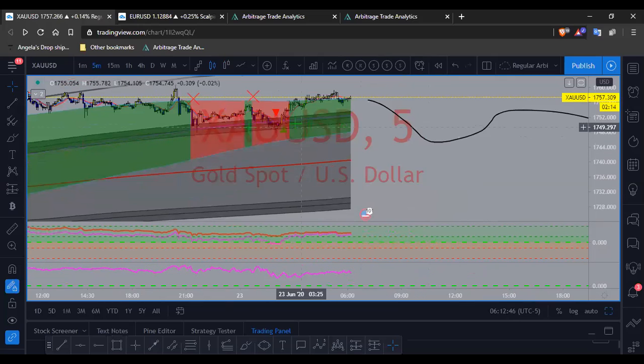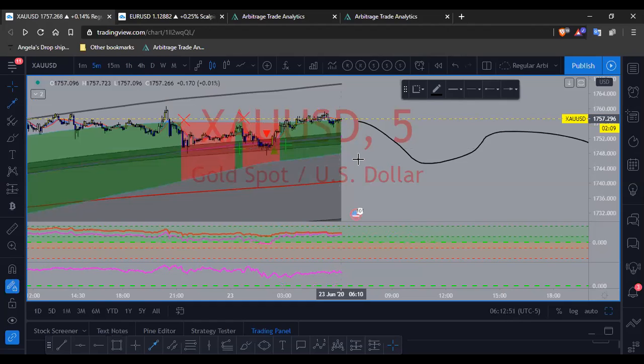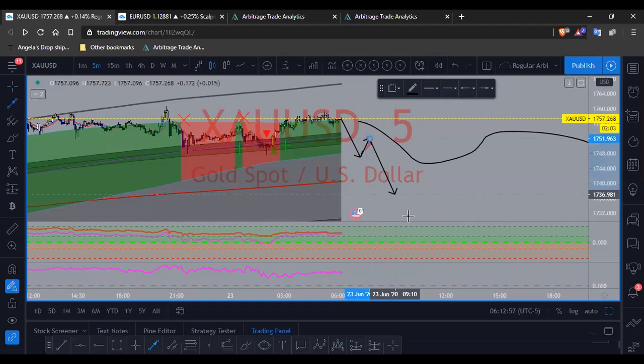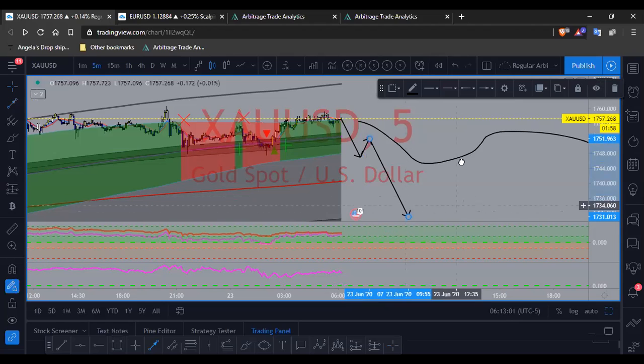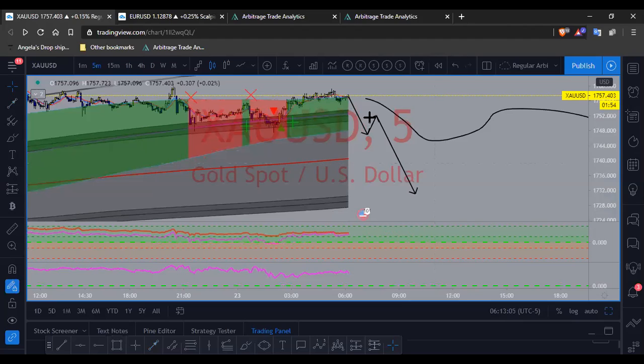I'll just do it with my arrow so that it could be a little bit easier to see. So break, retest to the downside. And that would probably be around right here would be the entry.